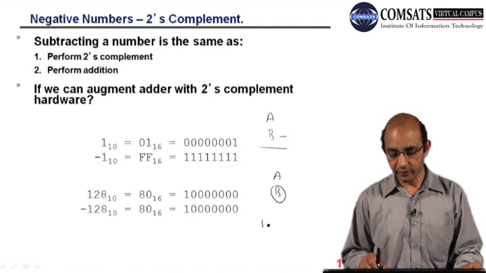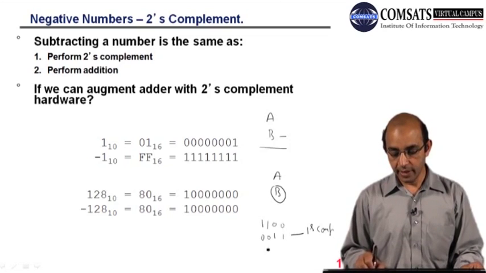For example, if I have a number here, I will invert all the bits. This is the 1's complement, and then I will be adding 1. So this is the 2's complement.